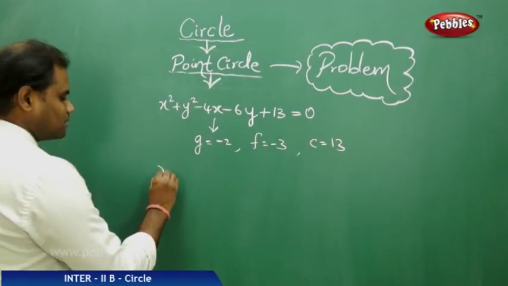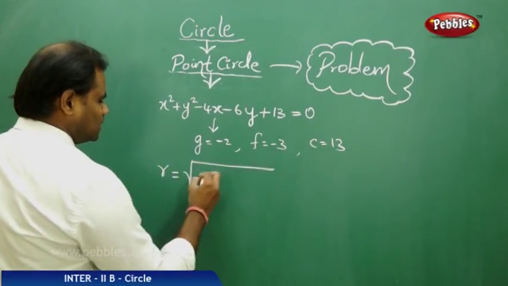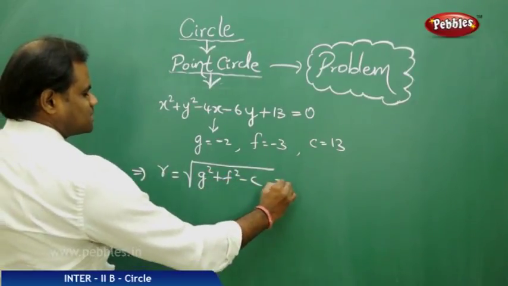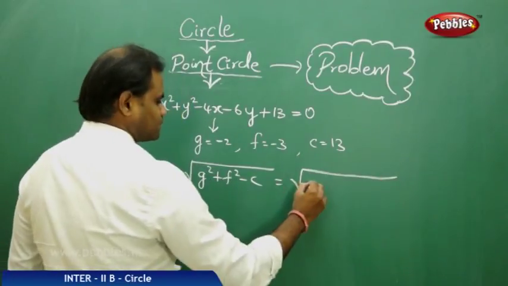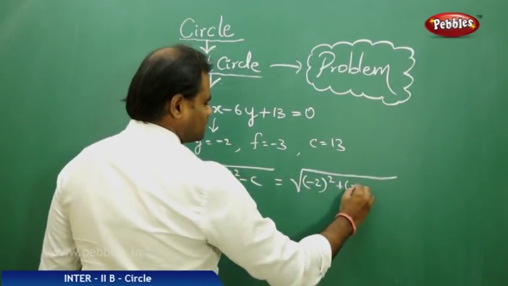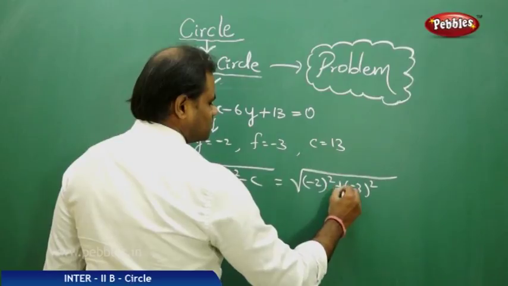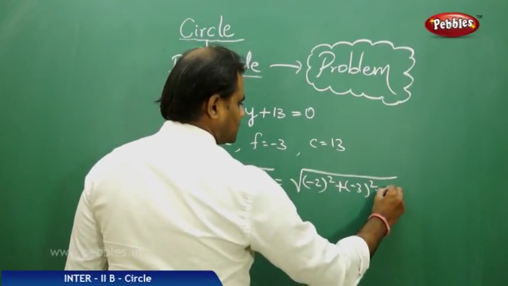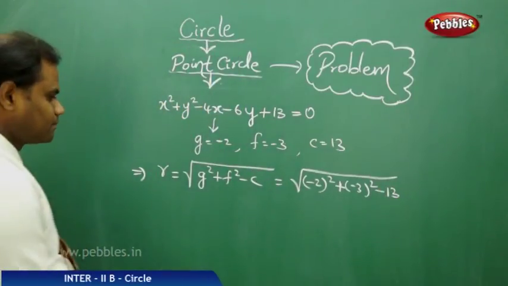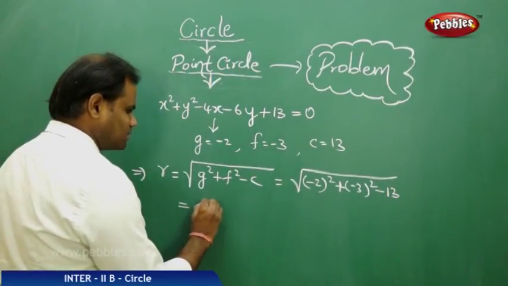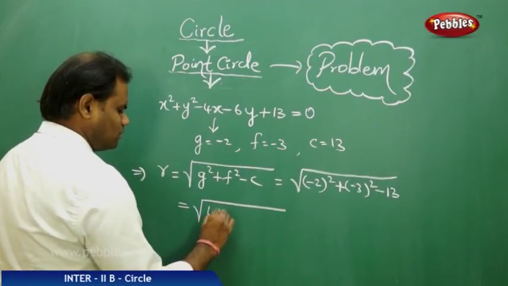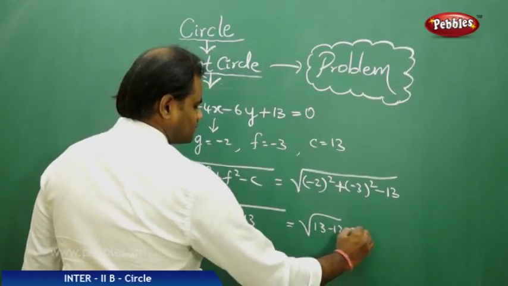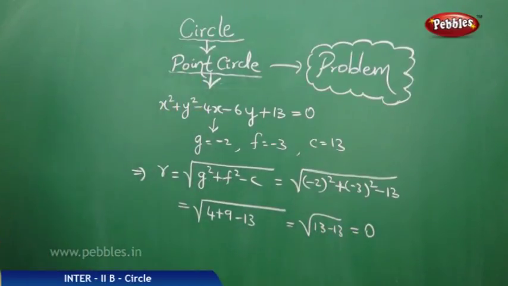Now in this case, the radius, which is given by the formula root of g square plus f square minus c, which on simplification gives 4 plus 9 minus 13, which is equal to 0.